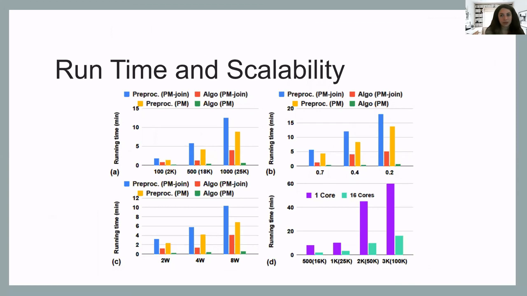And in our experiments, we compare our algorithm to two other baselines that are versions of our algorithm. The first one is without making a join between the realization tables and just calculating naively the frequency of each pattern.